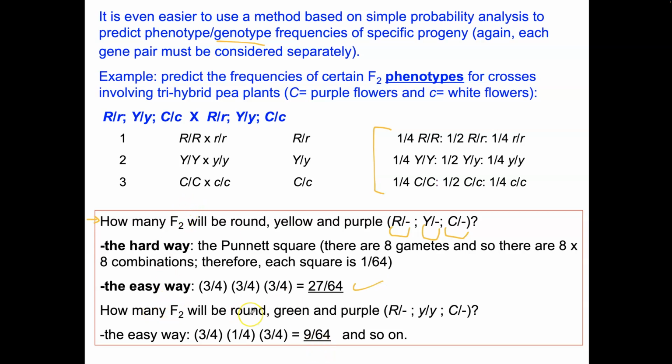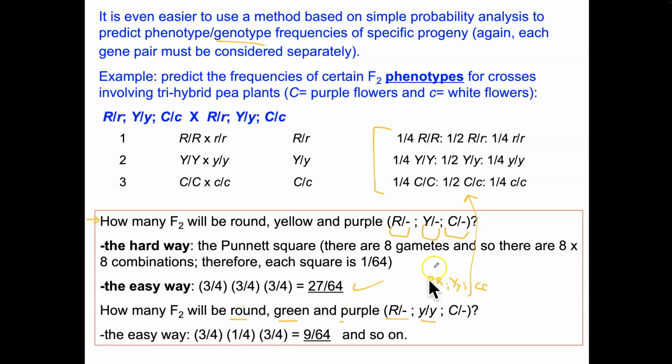How many would we expect to be round and green and purple? So dominant, but recessive. You figure out the probabilities of those from up here, and you do your calculation, and it's much quicker. And it could even be, tell me the chance of it being homozygous for the round, heterozygous for the yellow, and then homozygous recessive for the flower color.